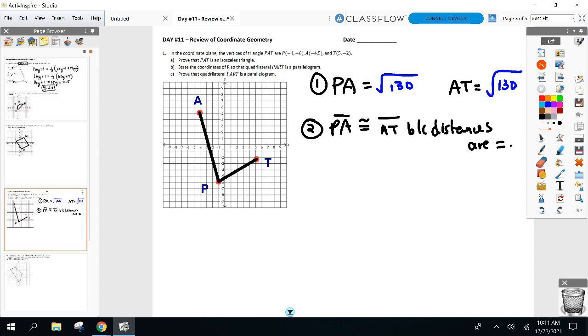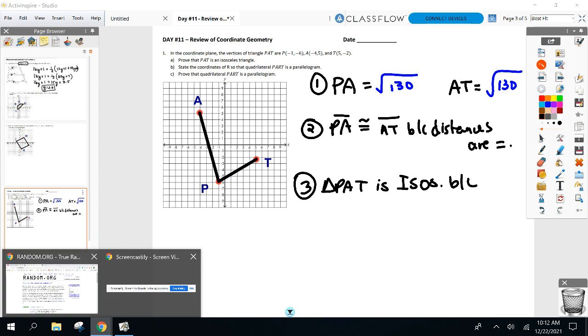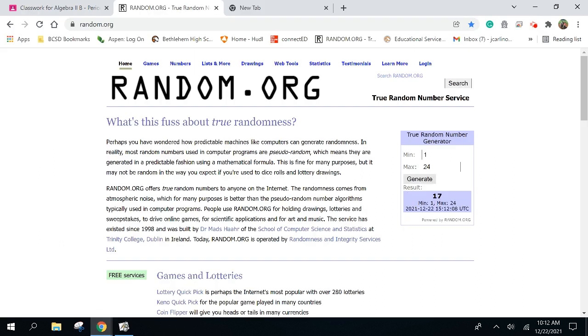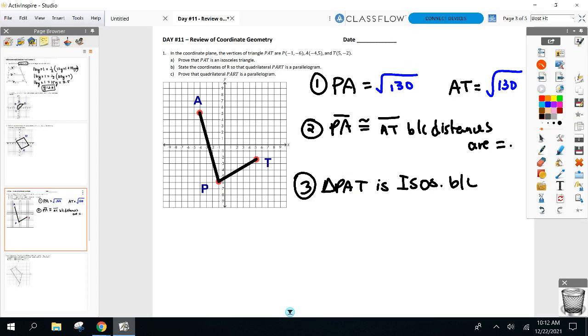And then finally now, we can say that triangle PAT is isosceles. And then somebody just tell me why. Why is PAT going to be isosceles, in your own words?